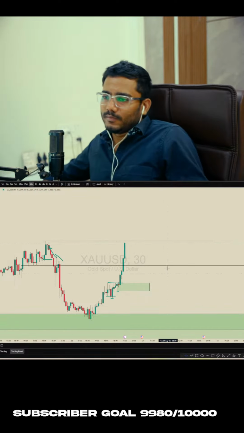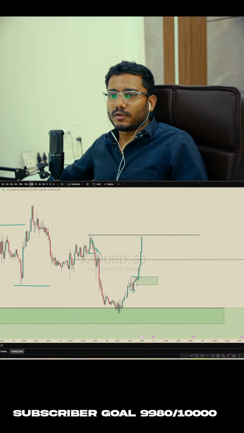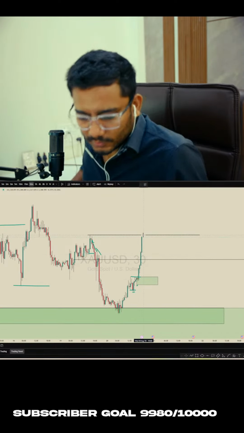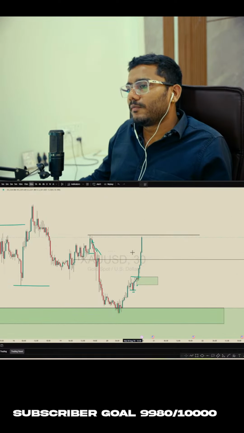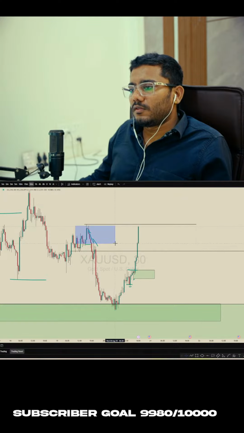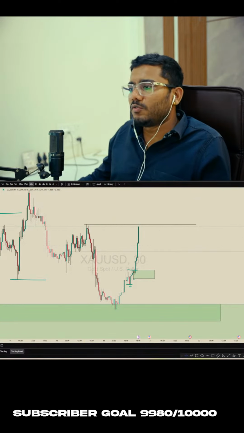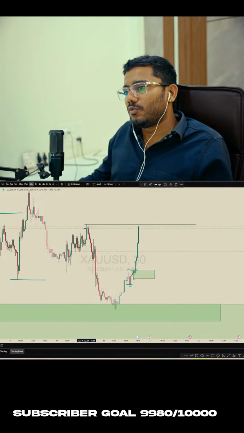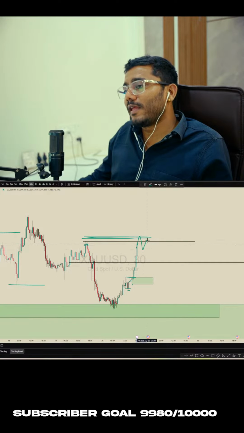I don't think it's for like, see, simple psychology is if you're controlling the price or if you're controlling the AI or anything, what you will do is, if you know that people who have sold here have their stop loss above this high, then it's much easier for price to sweep this liquidity and then it can continue.